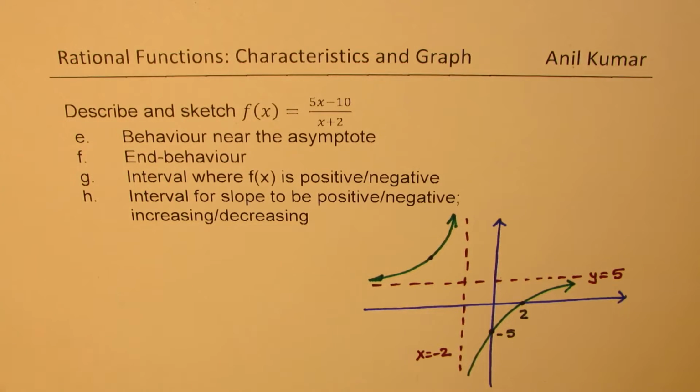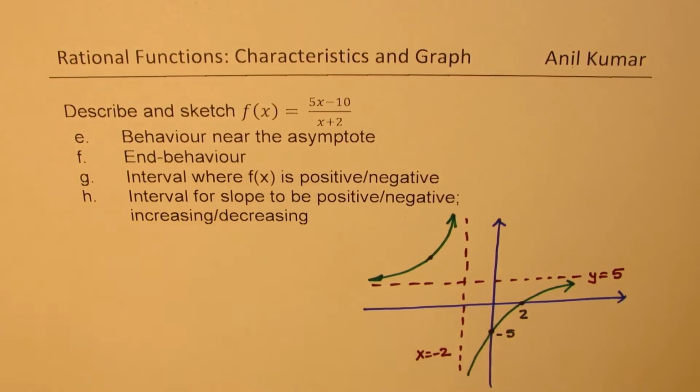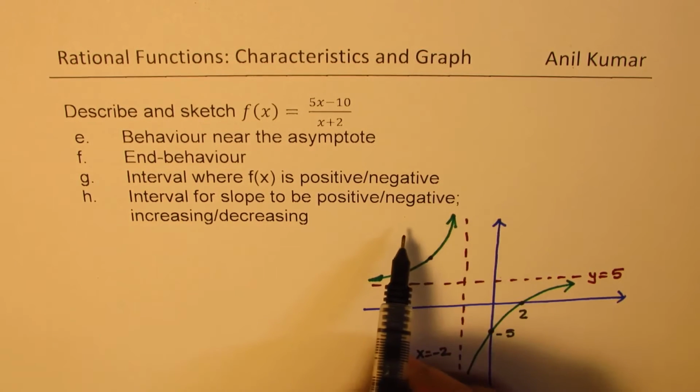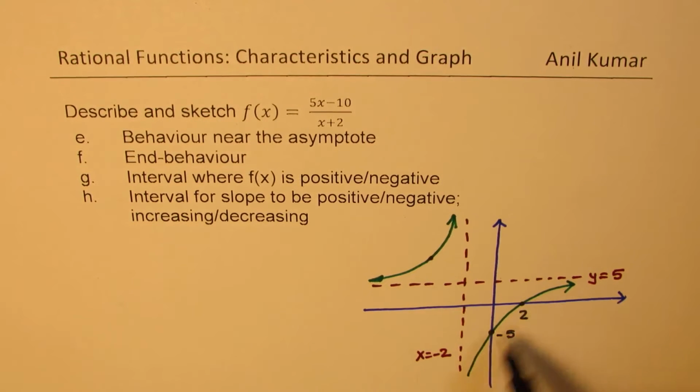And now let's once again discuss the behavior near the asymptotes. As far as the vertical asymptote is concerned, we have already seen that if you're approaching from the left side, the graph approaches positive infinity. If you're approaching from the right side, the graph approaches negative infinity.